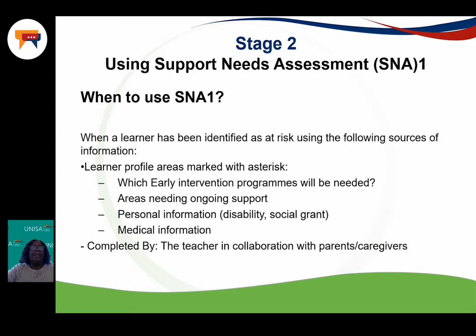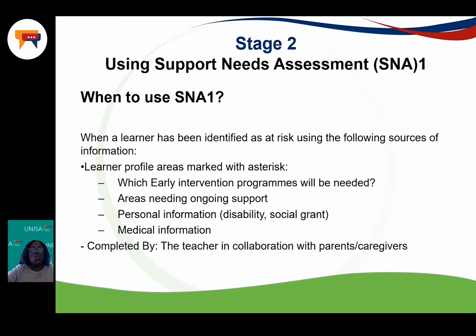All right. Now looking at stage 2 of the SIAS process, using support needs assessment form 1, SNA 1. When are we expected to use the support needs assessment tool number 1?